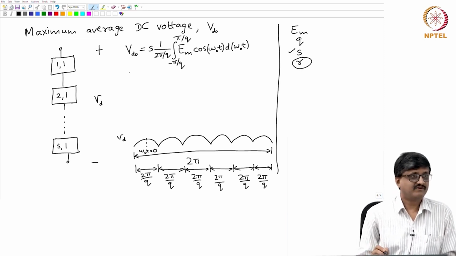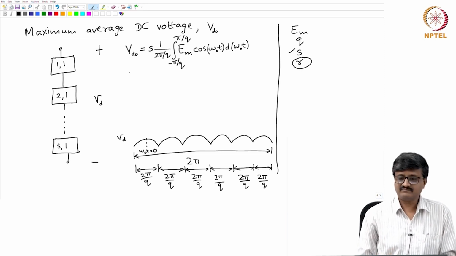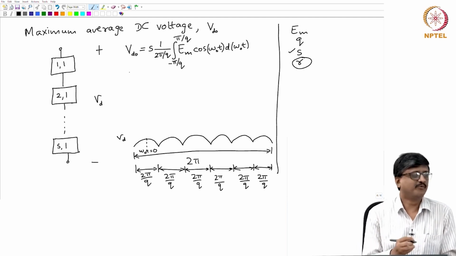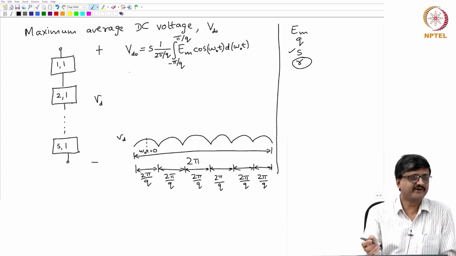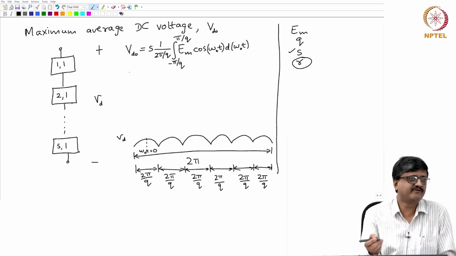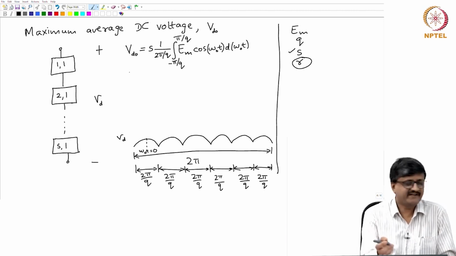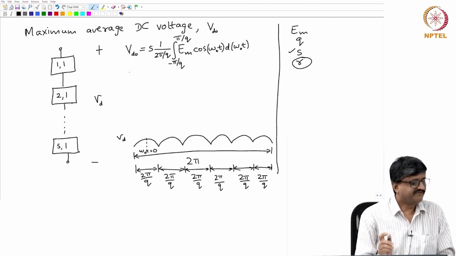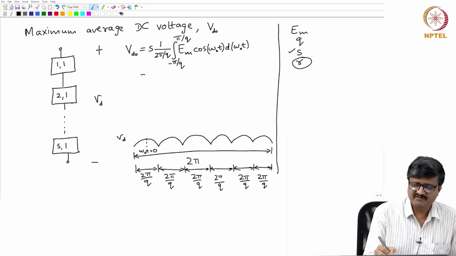I put omega t equal to 0 at this point. Irrespective of what waveform you are integrating, where you fix omega t equal to 0, the expression for Vdc max is independent of where you fix t equal to 0, of course. Let me just give some more steps.